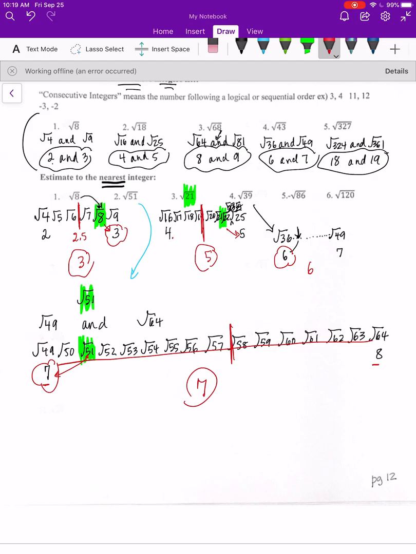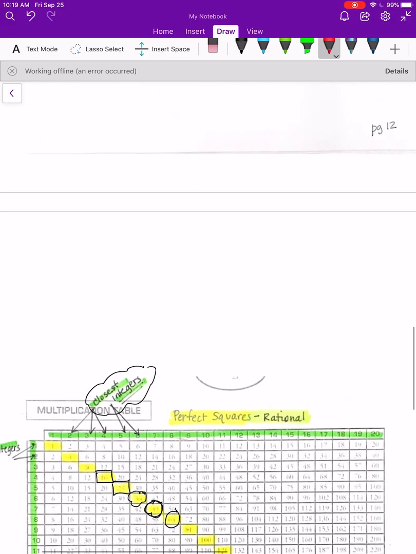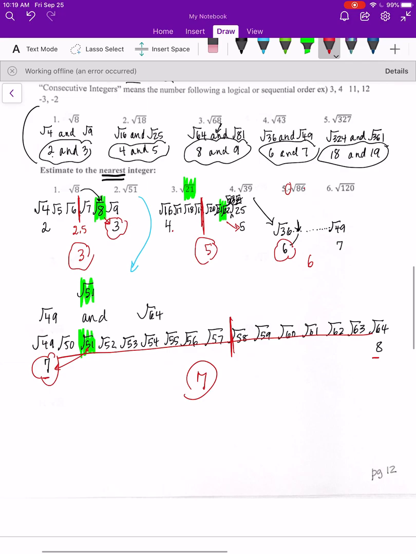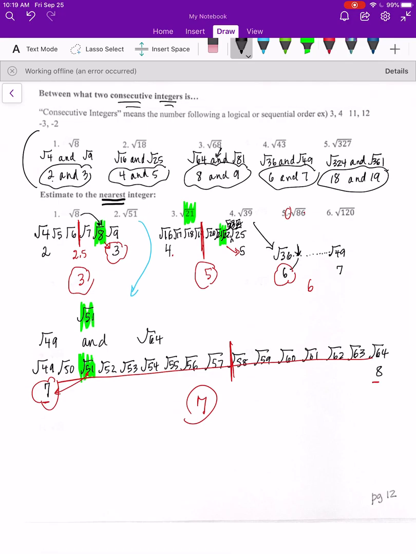Now, be careful here. Notice this one, it's a negative. So it really doesn't change anything. You're still going to look at the square roots. So I go to my chart, 86. Would be between 81 and 100. So I'm going to go between 81 and 100, but it's negative and negative.